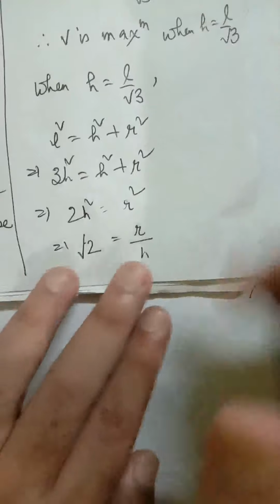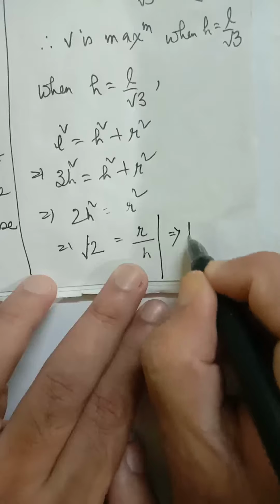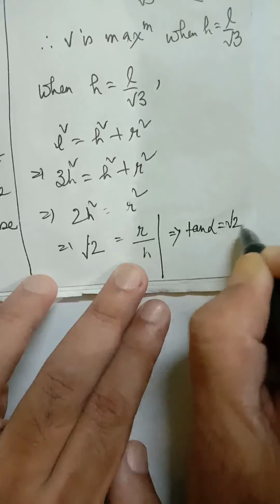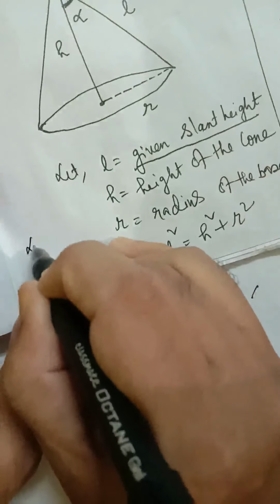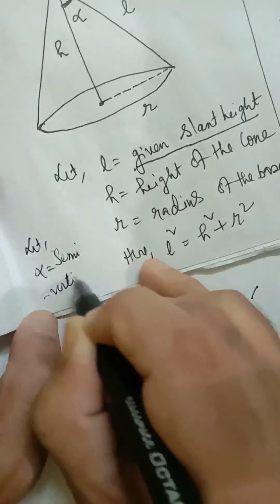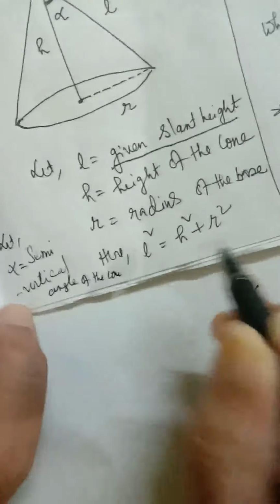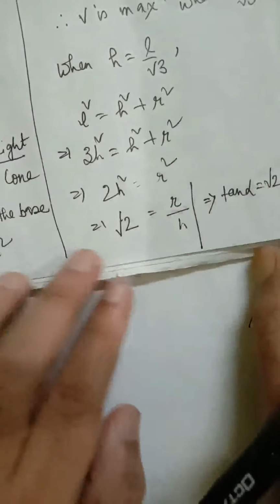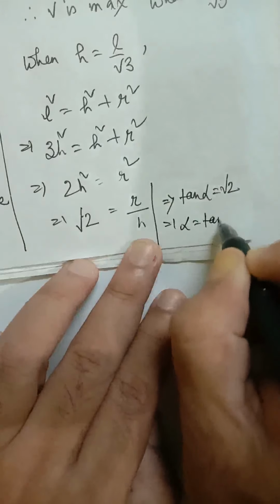So r by h equal to tan alpha equal to root 2, and so alpha equal to tan inverse of root 2.